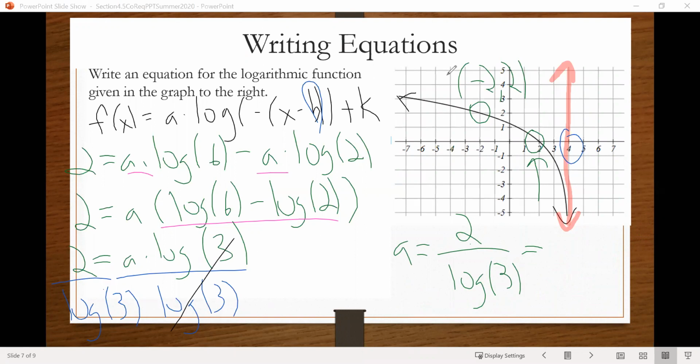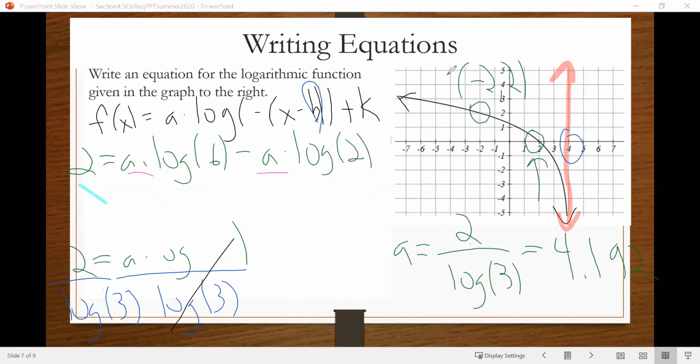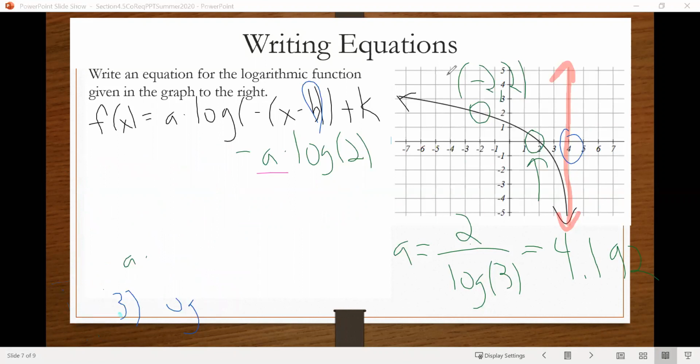And we'll get 4.192, it looks like. All right. Then we need to find the value for k. If you recall, just a second ago, we had this formula where k was equal to -a times log of 2. So we can go ahead and plug in the value for a there.